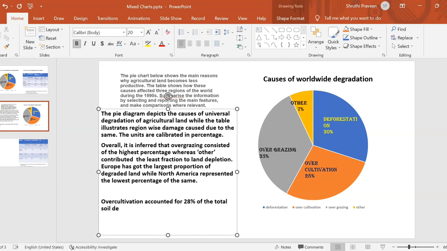Soil depletion, which is 4-fold, meaning 4 times that of other.